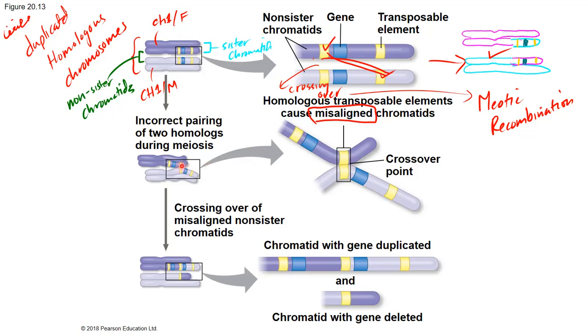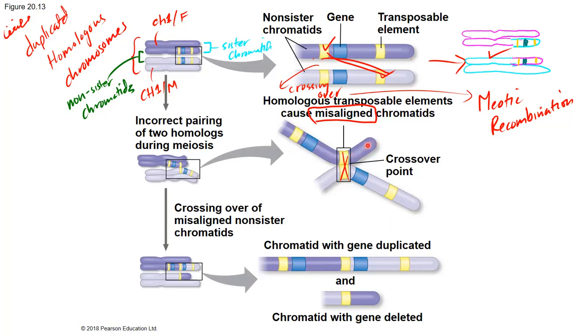As you can see, the homologous chromosomes are not aligned with each other according to their length, like here. So this is correct alignment. This is incorrect pairing or alignment of the homologous chromosomes, which might lead to crossover, or recombination, because these two sequences are identical. So recombination happens between identical sequences or very similar sequences, and that will result in this exchange of genetic material.